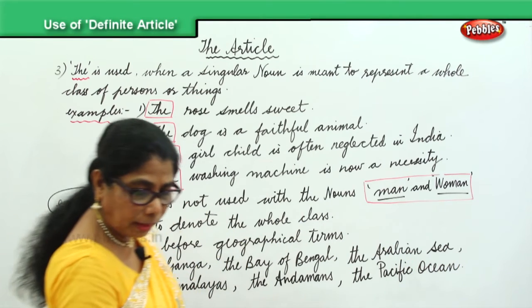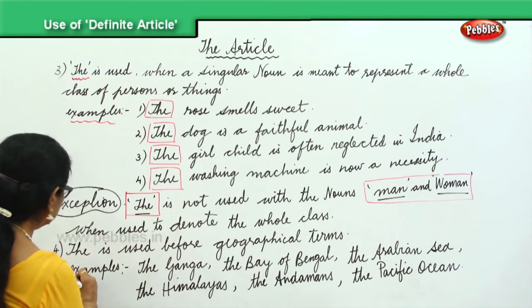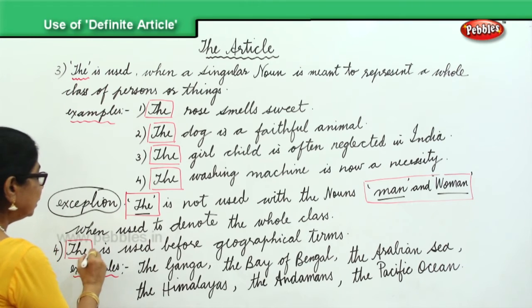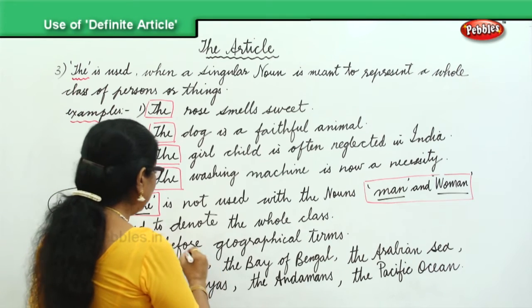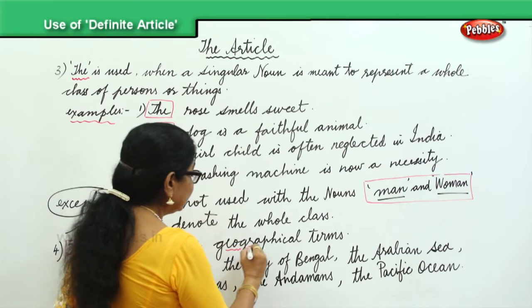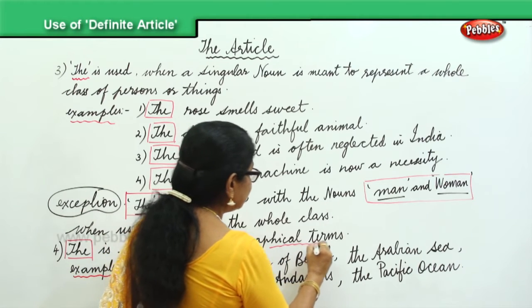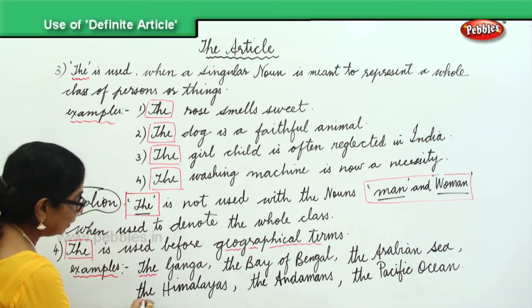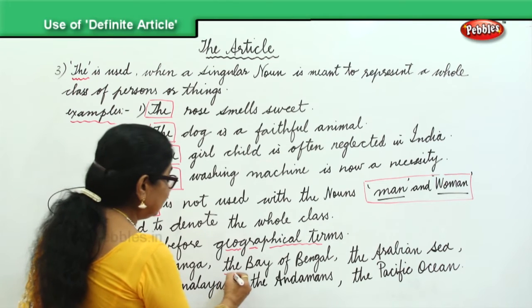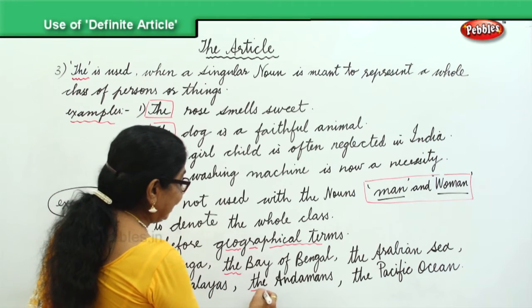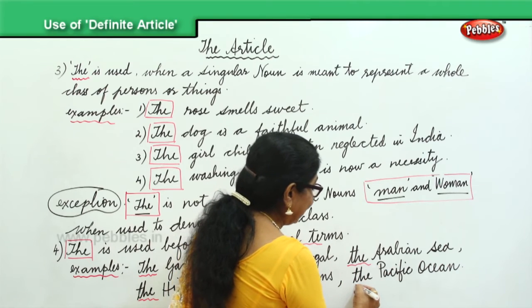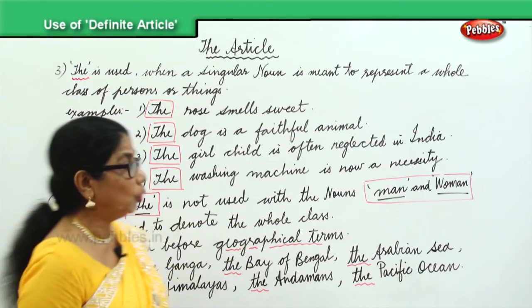So, look at the examples here. The is used before geographical terms like the Ganga, the Himalayas, the Bay of Bengal, the Andamans, the Arabian Sea and the Pacific Ocean.